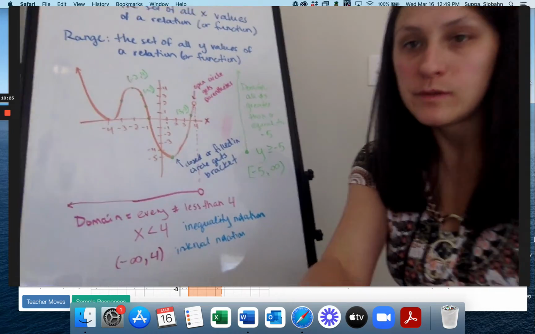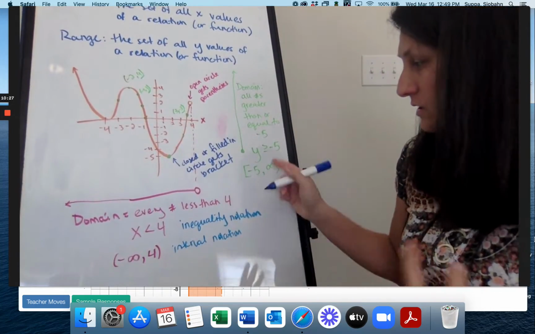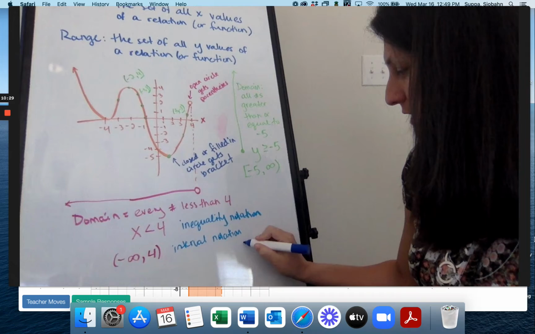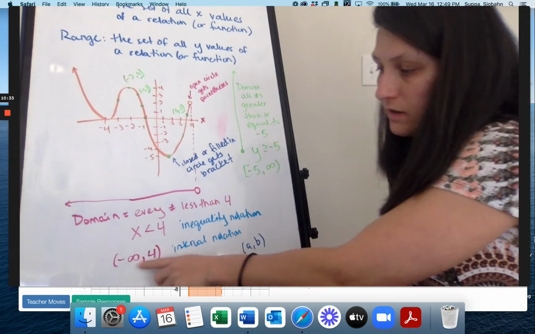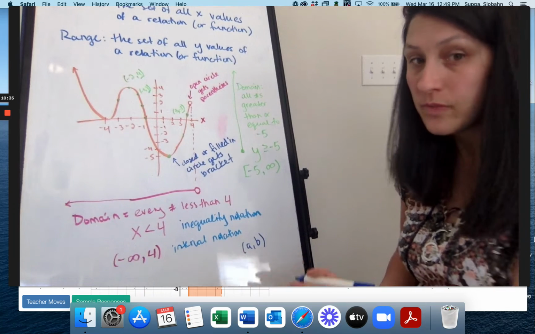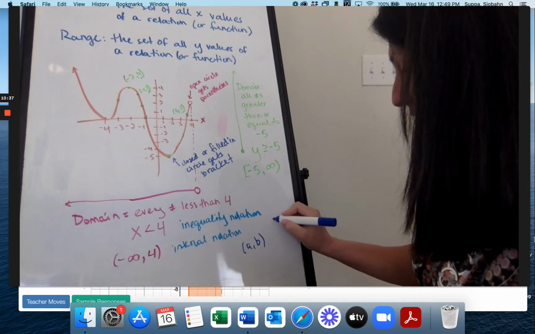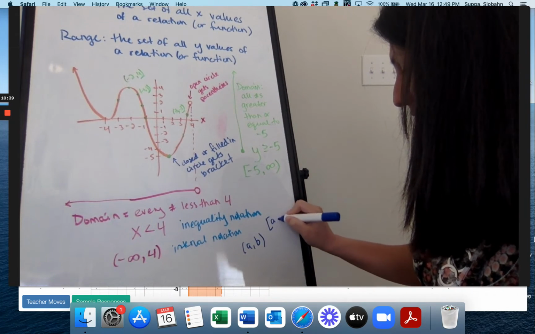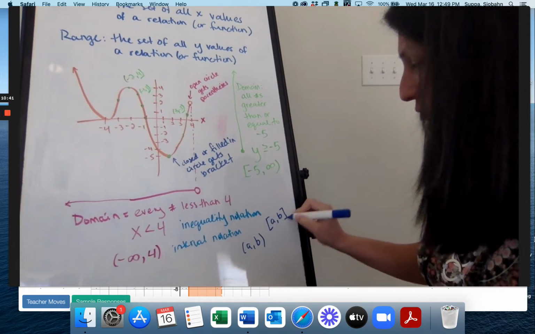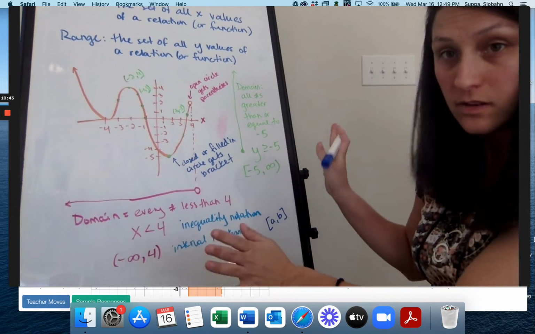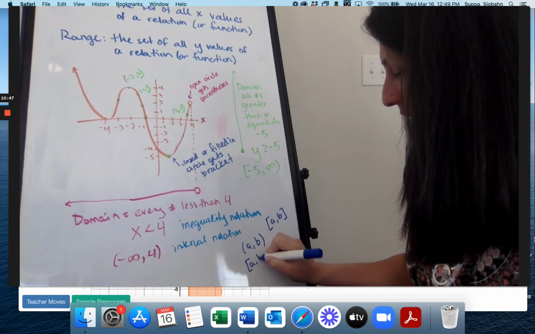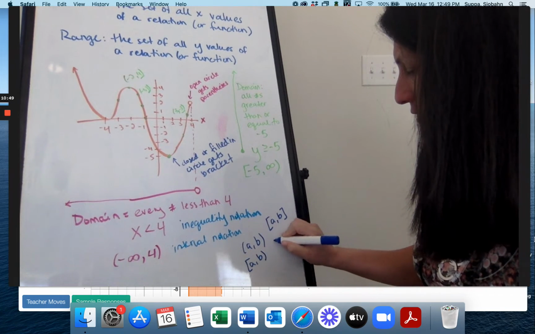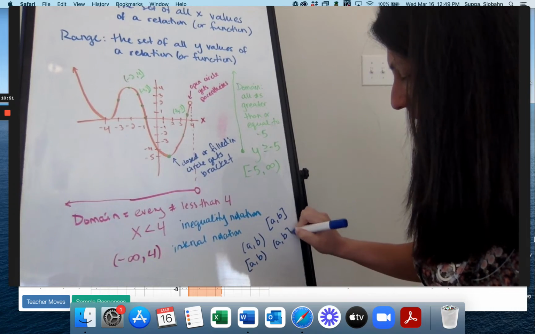And when you use this interval notation, you could have things that have A comma B with both parentheses, like we saw here. I'm just writing that in general. Or you could have A comma B that are both brackets, which we didn't see in either of these cases. Or you could have a bracket on A and then a parenthesis on B, or a parenthesis on A and then a bracket on B, right?